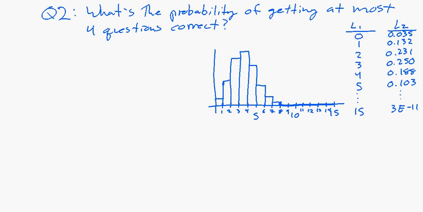So, next question. What's the probability of getting at most 4 questions correct? Now, this at most term is very important. What does that mean in terms of outcomes? What outcomes are you interested in? Because, with this whole and or section, we're dealing with multiple outcomes.